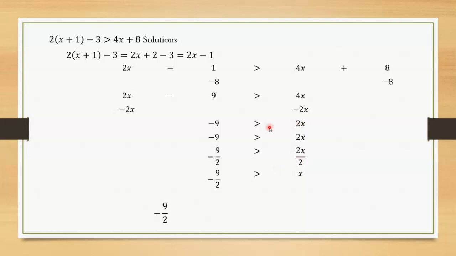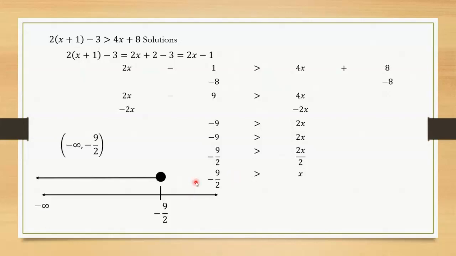After this, we have 2x less than negative 9. So we divide by 2 because we want x. But again, we don't turn the inequality around, because we're dividing by a positive. So we have x is less than negative 9 over 2.